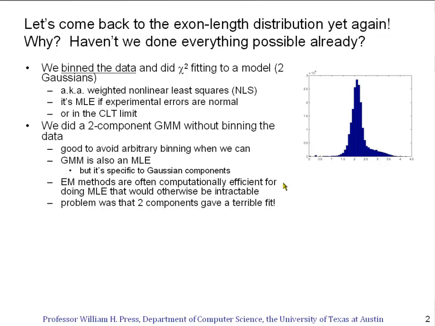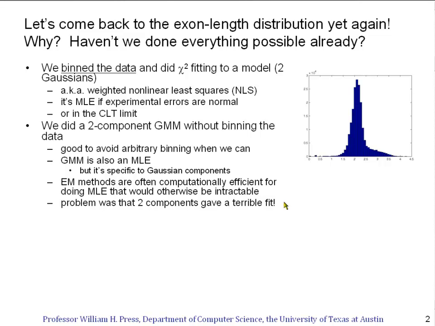One of our reasons for trying this practice data set on a GMM was to illustrate EM methods, expectation maximization methods, which are often computationally efficient for doing MLE problems that would otherwise be computationally intractable. But for this particular data set, the problem was that with two components, it gave a terrible fit to the data.